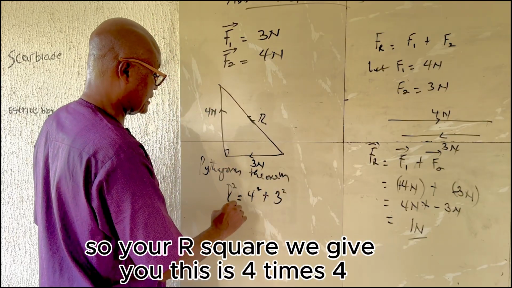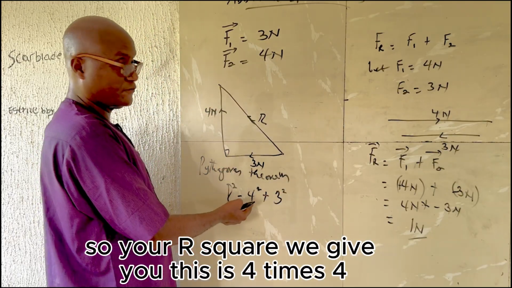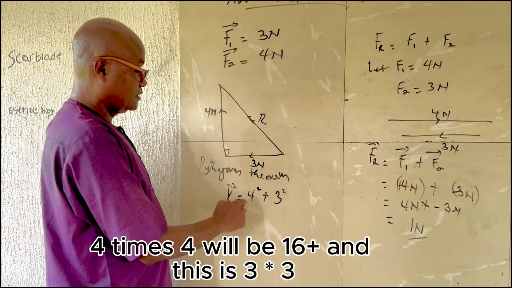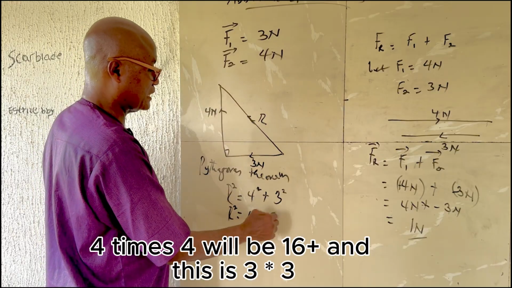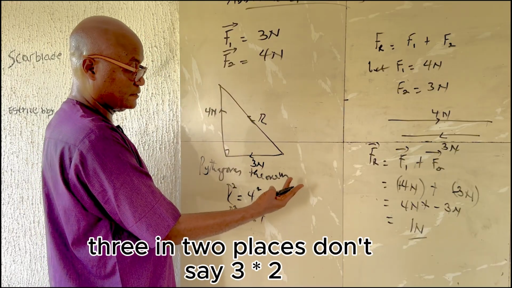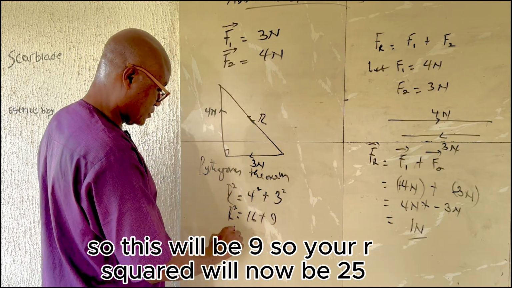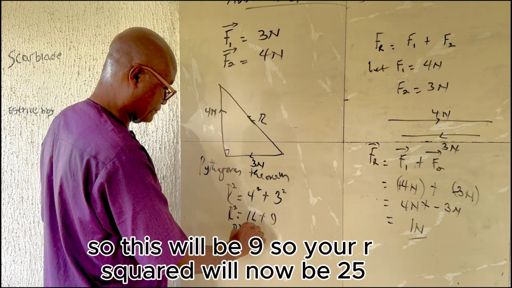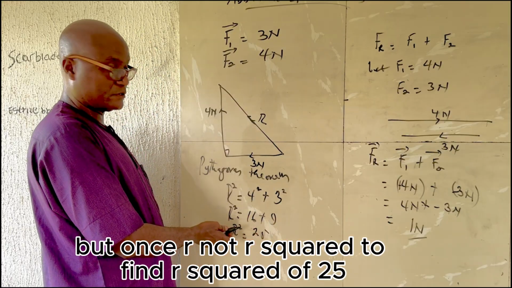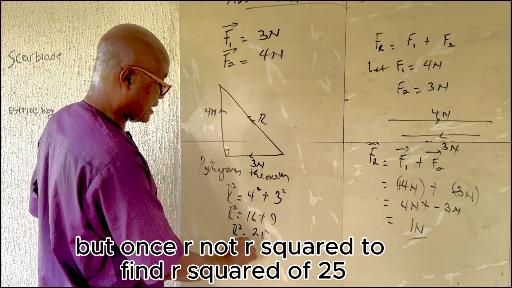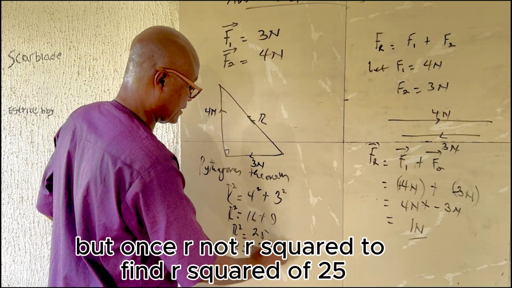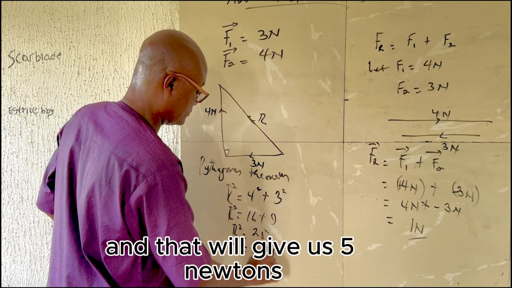So your r squared will give you 4 times 4, not 4 times 2. 4 times 4 will be 16 plus 3 times 3, 3 in 2 places. Don't say 3 times 2, so this will be 9. So your r squared will now be 25. But we want r, not r squared. To find r now, r will be the square root of 25, and that will give us 5 newtons.